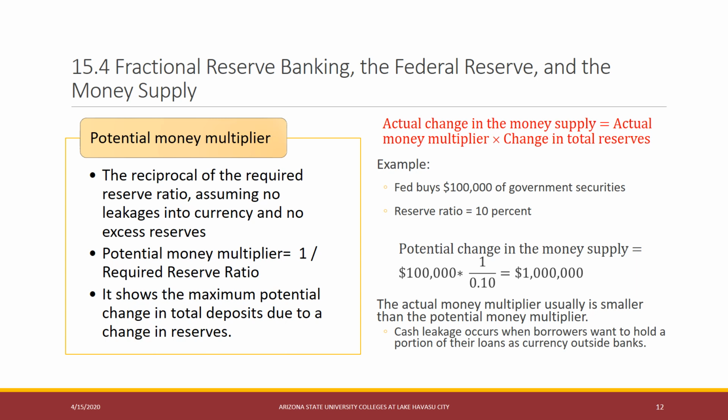The greater the amount of cash leakage, the smaller the actual money multiplier. Typically, borrowers do hold a portion of loan proceeds as currency. So the actual money multiplier usually is smaller than the potential money multiplier.